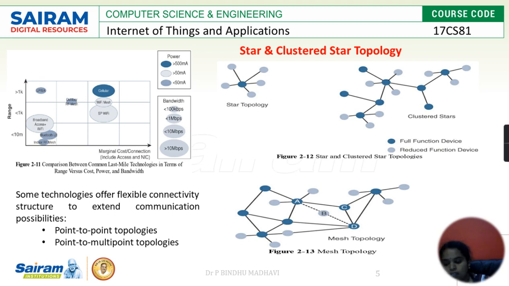Most of the devices are connected similarly in the full topology. So all these were the topological structures which provide the communication within the network. And with these topologies, there is flexibility to connect within the network. All the devices can connect within the network. That's all about this topology. Thank you.